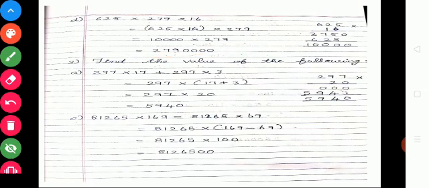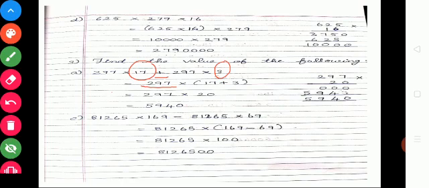And then next, find the value of the following. So the first sum, 297 into 17 plus 297 into 3. Look at the sum. Here also 297 is there. Here also 297 is there. Yes. So take it as common, 297 and then the remaining 17 plus 3.